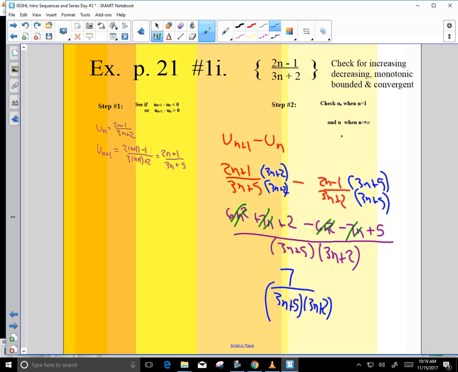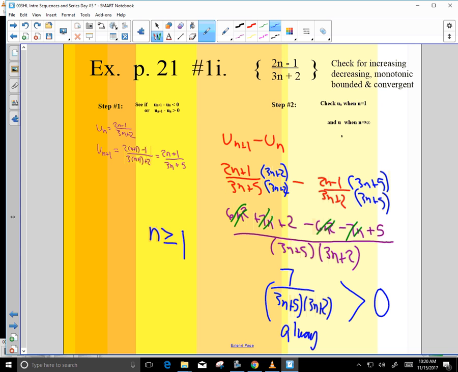And you have to make the decision, what is that to 0? Well, n is going to be greater than or equal to 1. We're going to start with 1 and go to infinity. If n is 1, is there any way this denominator will ever be negative? Will the numerator ever be negative? Nope. Positive over positive is always going to be greater than 0.